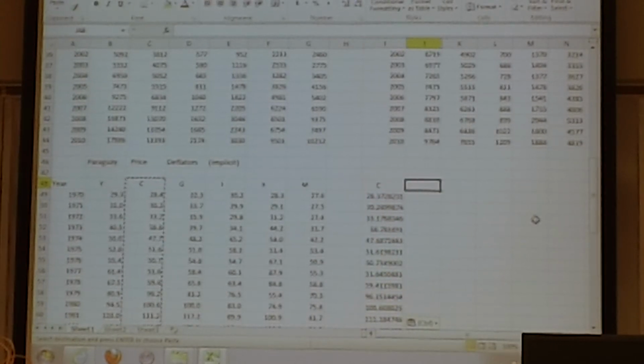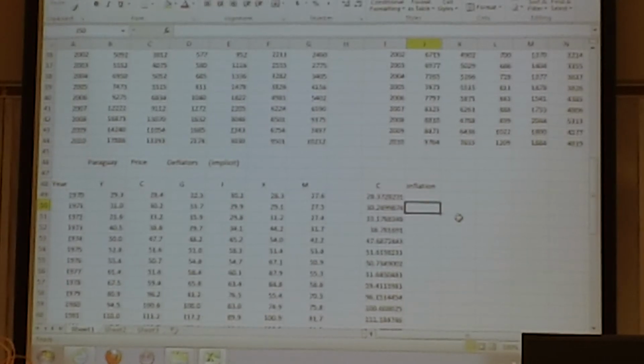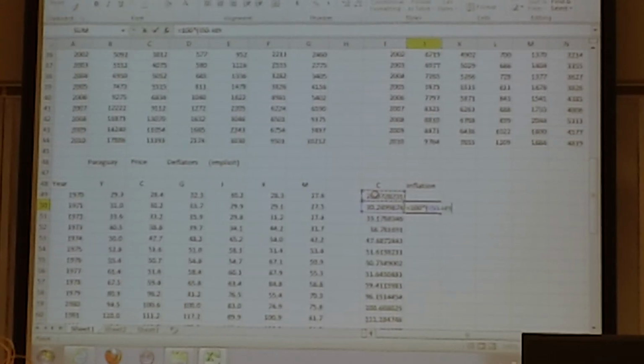And then we'll get inflation. We'll start with here. Equals 100 times open that number minus this number, loaded, divided by the first one.